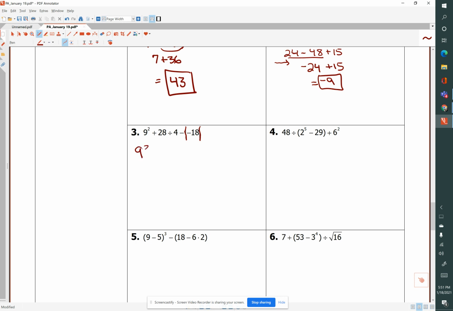So that would be 9 squared plus 28 divided by 4 minus, and the absolute value of negative 18 is 18. So absolute value bars are grouping symbols.